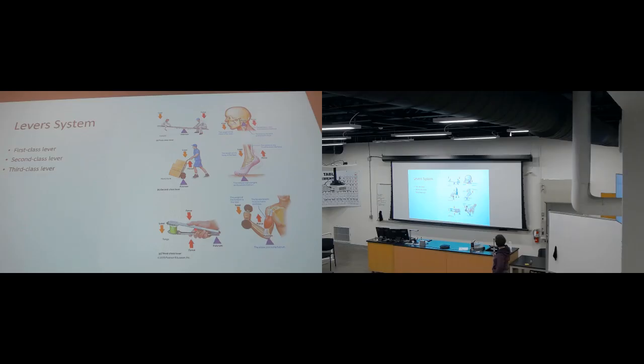And now for the force in the middle, which is the third one, the third class. So again, it is the biceps brachii in flexion of the elbow. So the elbow joint is the fulcrum. The force is whatever you're carrying. In this case, it is the muscle, the biceps brachii, and then you're carrying a load, in this case, a dumbbell.